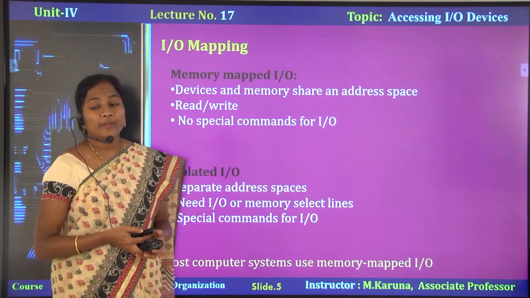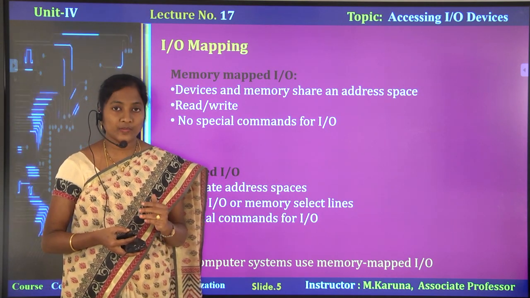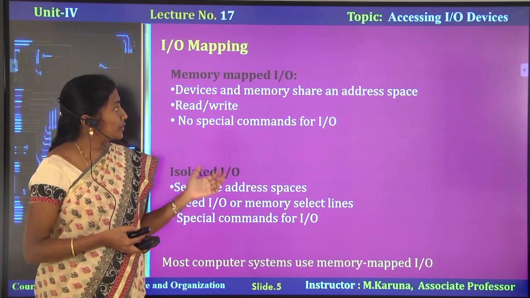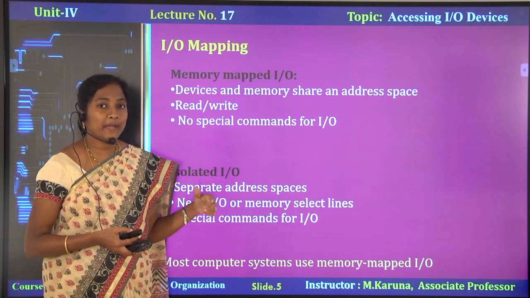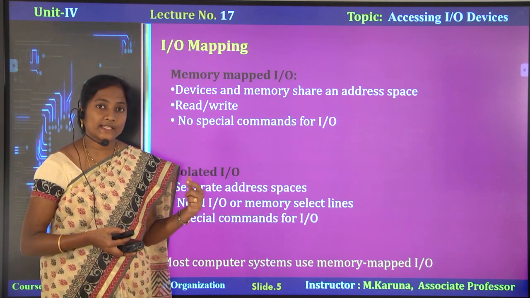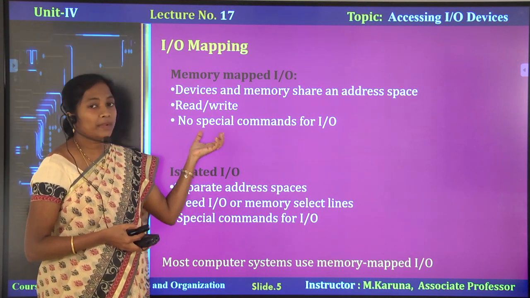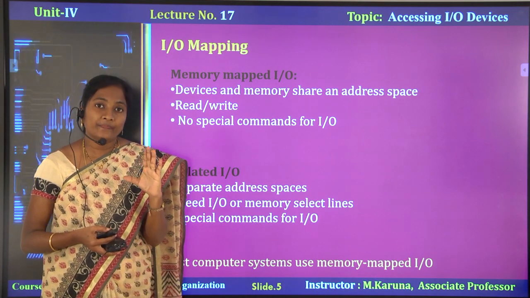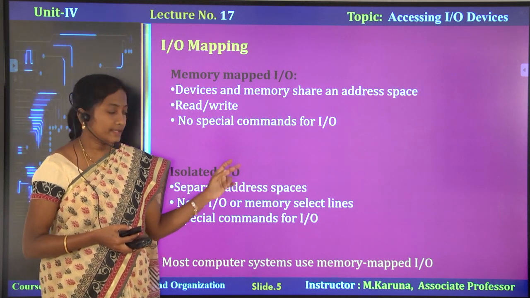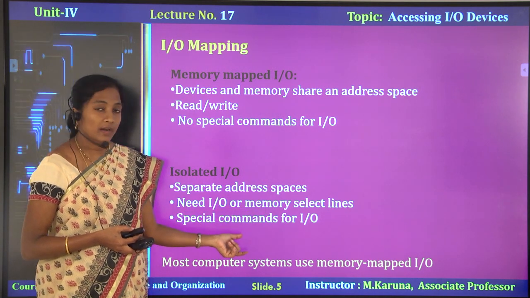Before discussing the data transfers between I/O devices and processor, we should know the topics of memory mapped I/O and isolated I/O. This topic we have already discussed in the basic in and out operations. In memory mapped I/O, the same space is used for memory and I/O addresses. In isolated I/O, different spaces are used for memory and I/O addresses.